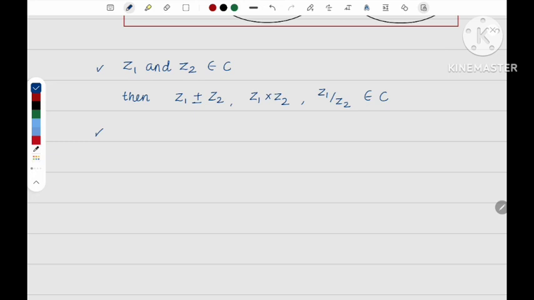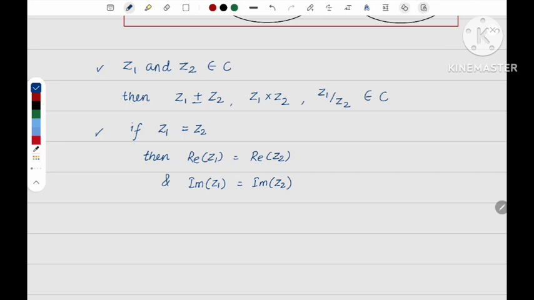But there is a meaning of equality in complex numbers. So if z1 is equal to z2, this statement means that real of z1 will be equal to real of z2, and imaginary part of z1 will be equal to imaginary part of z2. And this is the meaning of equality of complex numbers.